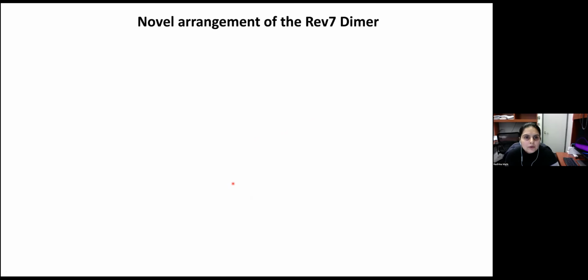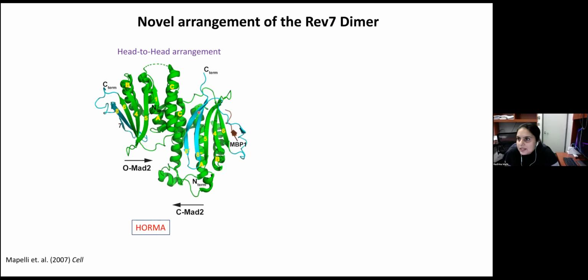So now I'm going to highlight the second important subunit that we have from the structure, which is the Ref7 dimer. As I told you, it belongs to the horma family of proteins, which usually exist as dimers, usually head-to-head dimers. By head, I mean that the C helix would form a symmetric interface with the C helix of the other monomer.